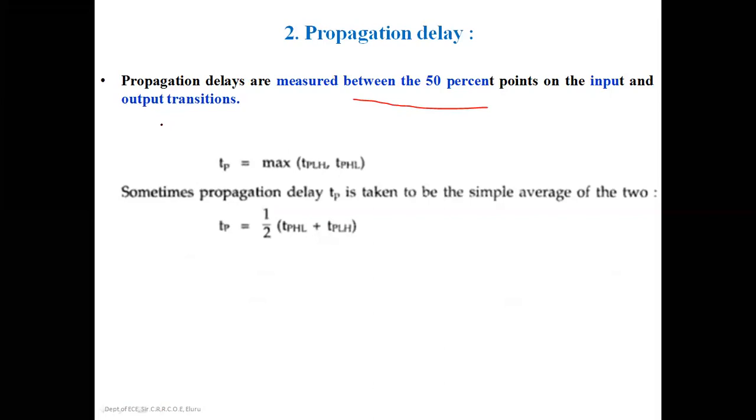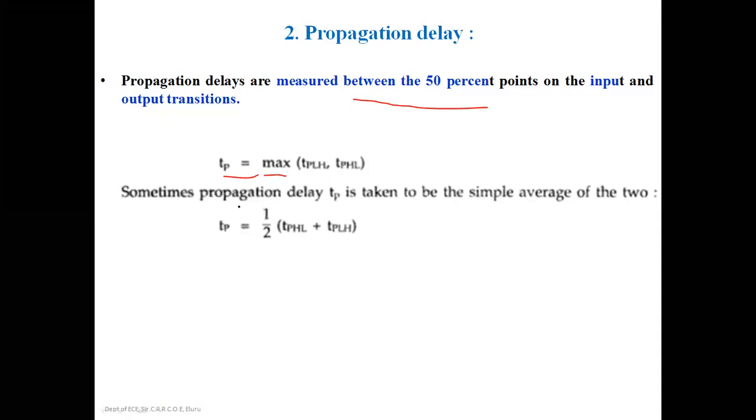But the TPHL and TPLH, the propagation from low to high and from high to low, are not equal all the time. In that case, whichever has the higher propagation delay, the maximum of the two, will be taken as the propagation delay of that gate. That is one condition.